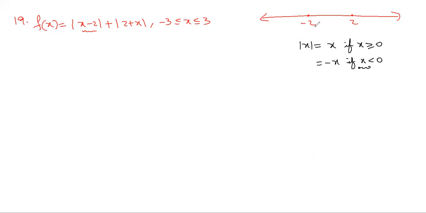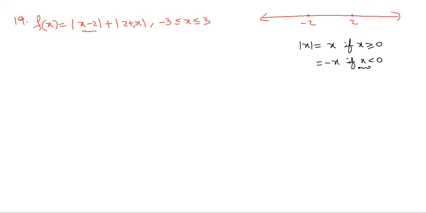Coming to this, because it is changing its behavior on left and right of minus 2, minus 2 is a reference point. And 2 plus x, sorry, here this is x plus 2. Minus 2 is a reference point corresponding to this modulus expression, and the other is also changing its behavior on left and right of 2. That's why 2 is also a reference point.